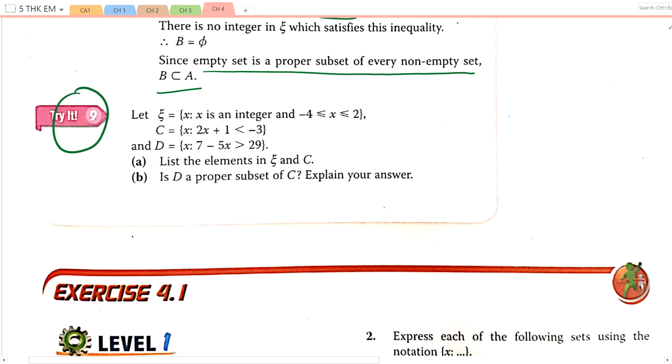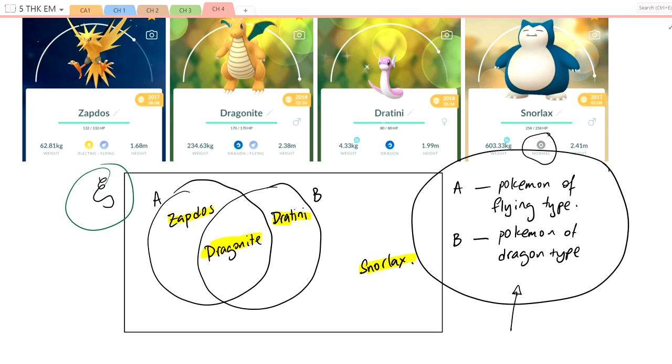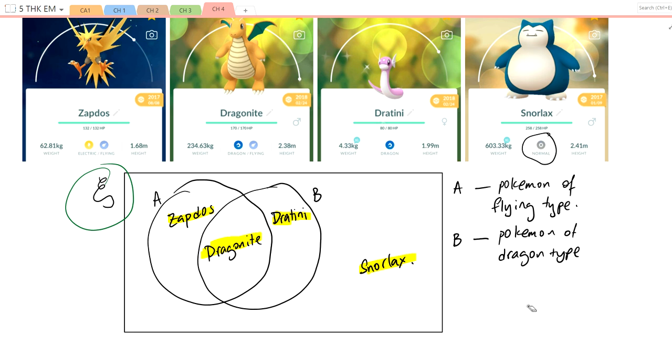The remaining time, do try example 9. And bringing back the example of the Pokemon, what is an example of an empty set? An example will be the set C containing Pokemon of robot type.